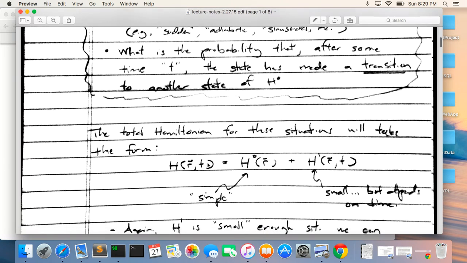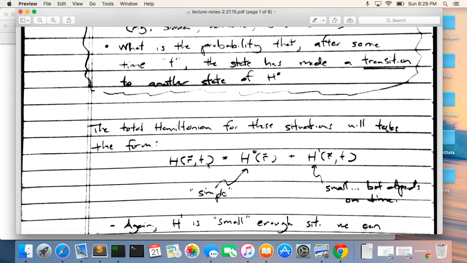Okay, so we'll still assume that the total Hamiltonian, even when the perturbation is of a separable form, is going to consist of a simple piece, the unperturbed piece H0, and the time-dependent piece, which is now going to be our perturbation. It's still small, but the difference is now that this is going to be dependent on time.